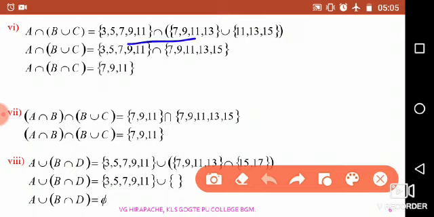Now A and B are these two sets. The intersection between these two is 7, 9, 11. Now B union C, the union between these two sets is 7, 9, 11, 13 and 15. Now the intersection between these two is nothing but 7, 9, 11. Therefore 7, 9, 11 are the members of A intersection B union C.